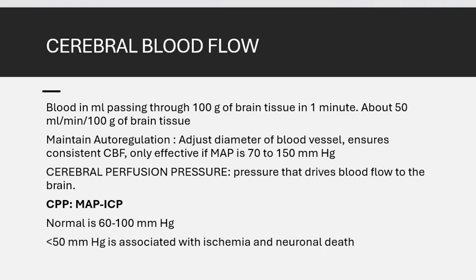Therefore, we have this formula to calculate CPP, your cerebral perfusion pressure, which equals MAP minus intracranial pressure, and the normal is 60 to 100. An easy way to remember: think of it like your heart rate, which is 60 to 100, but in this case it's mmHg. If you have less than 50, it means the brain is not getting enough blood flow. As a result, it will be associated with ischemia and neuronal death.